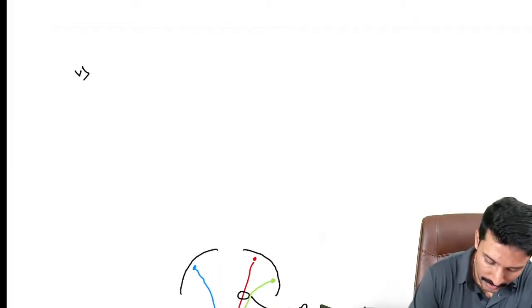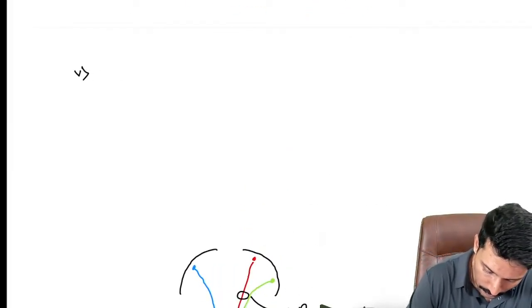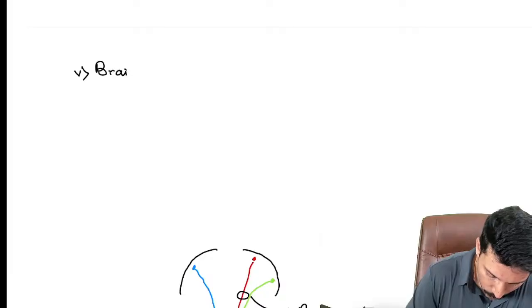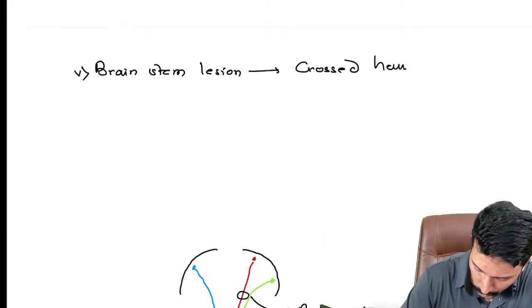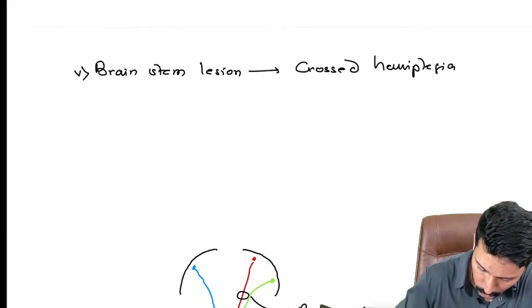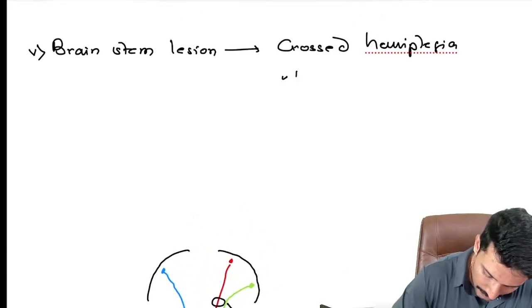So when there is a lesion at the brainstem, it produces what we call classical crossed hemiplegia. And what do you mean by that? Crossed hemiplegia refers to ipsilateral cranial nerve palsy.